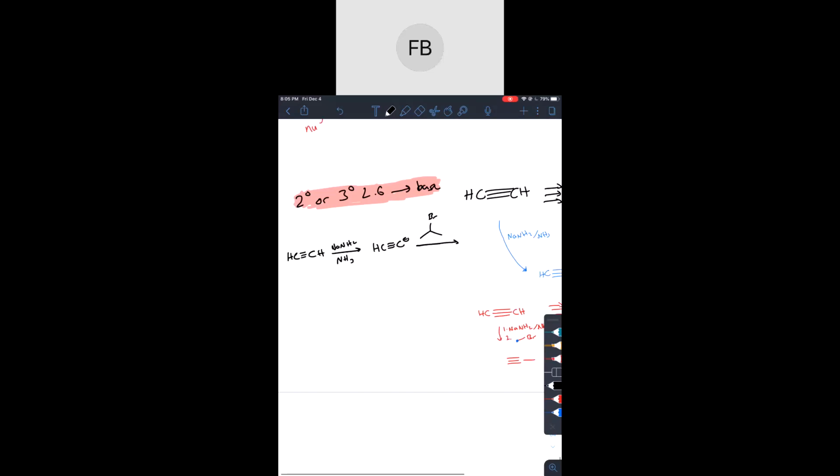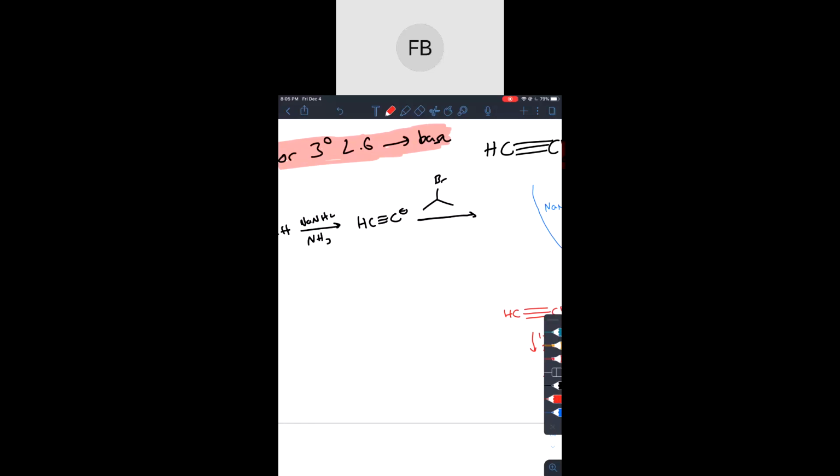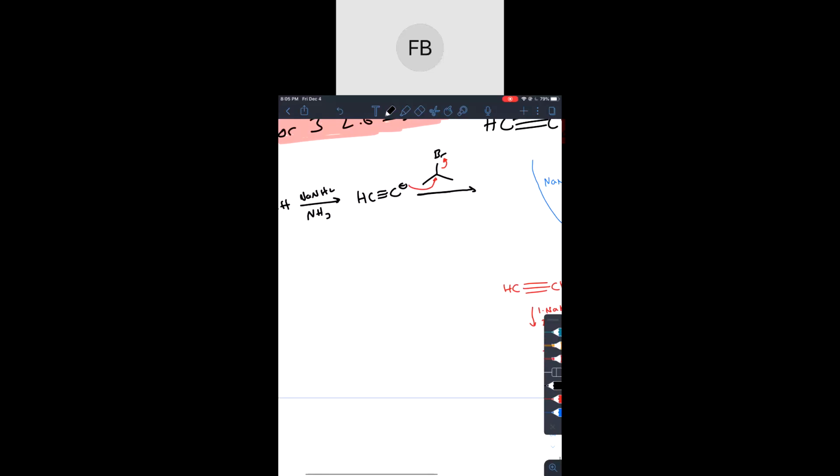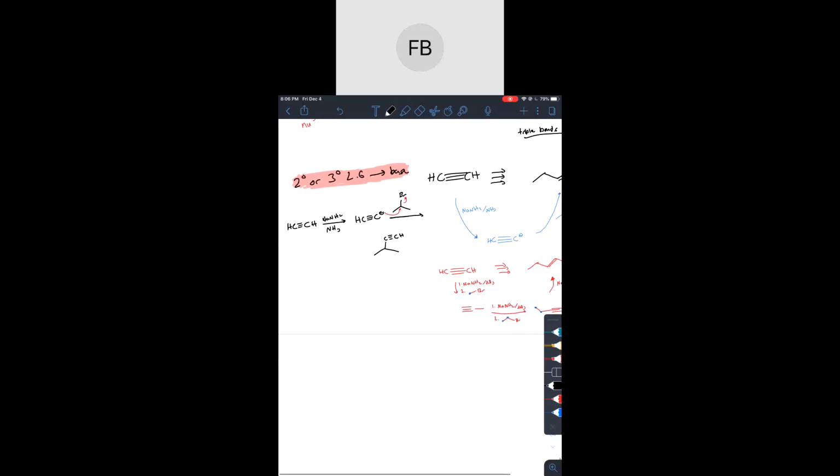And so what happens here is that bromine protonates, and then this comes in and attacks the carbon that the bromine protonated from. So what you get is that original structure, and then it's attached to a carbon, which is triple bond attached to this.